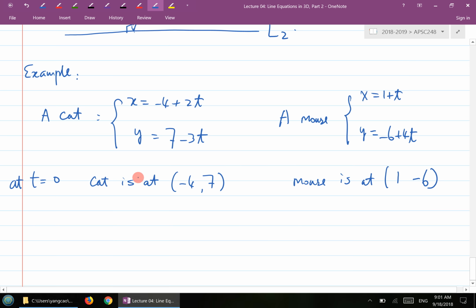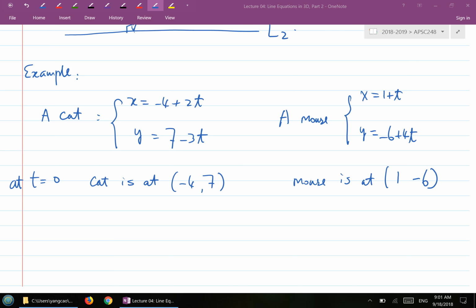And how does the cat travel out of here? This goes back to the beginning, how we derived a line equation, if you recall that. The coefficient for the t here mathematically means it's a parallel vector. But when we derived it, this coefficient has another meaning. If you recall, the parallel vector coefficients also mean velocity.